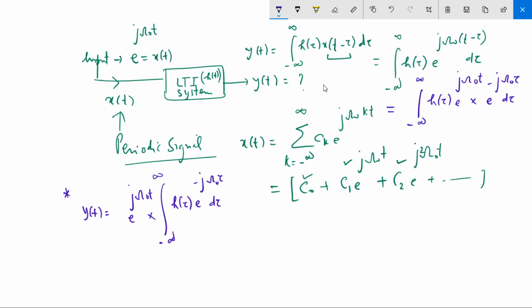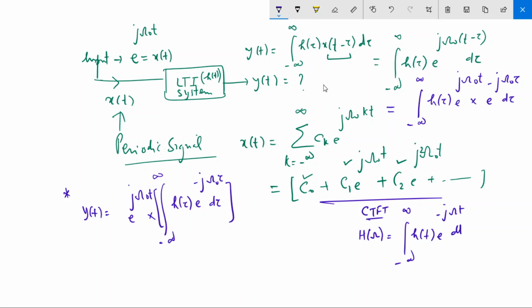If you remember from signals and systems theory, this integral is nothing but the Fourier transform of h(t) at a frequency of ω0. When you define the continuous-time Fourier transform, the CTFT, how do you define it? H(ω) is the integral of h(t) e^(−jωt) dt. If you look at this equation, it is the same.